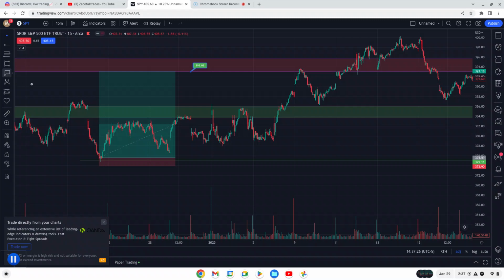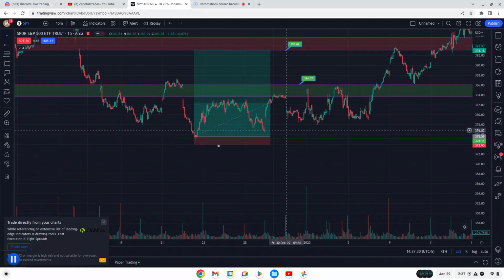Right there. And then the red is your stop loss, the green is your target.